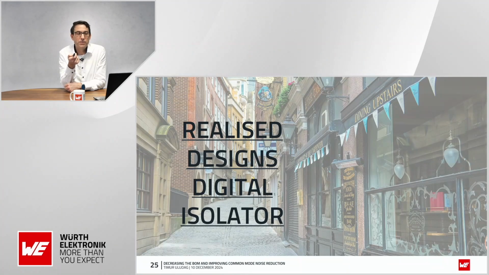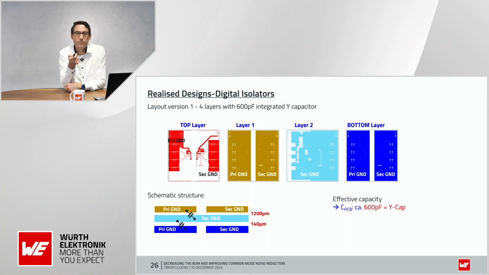So the realized design is an 80 by 80 millimeters PCB generating 600 picofarads as integrated capacitor, where we have layer 1, layer 2 and the bottom layer, which are mainly taken into account for the capacitance.